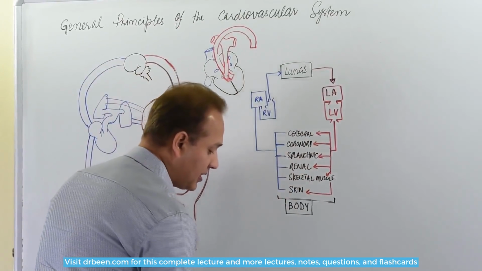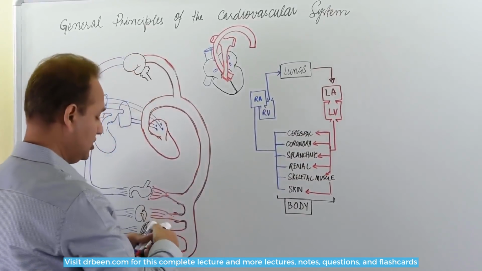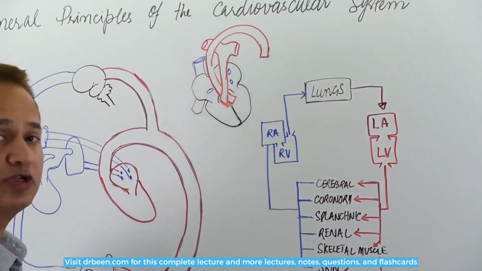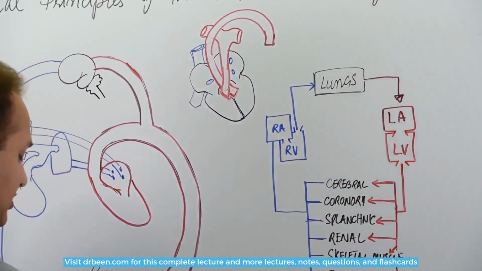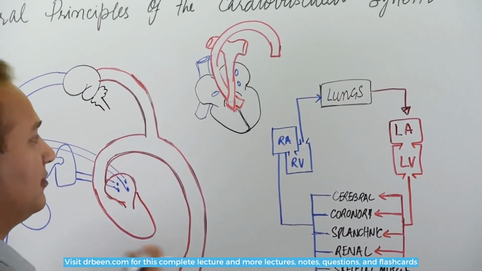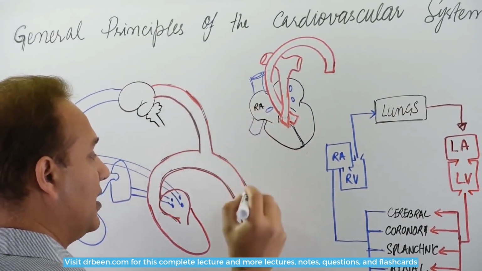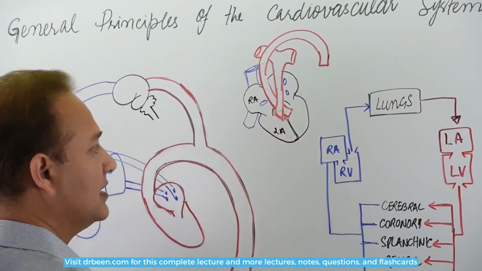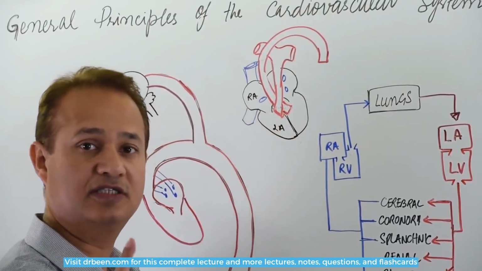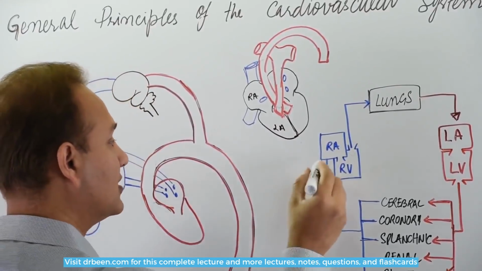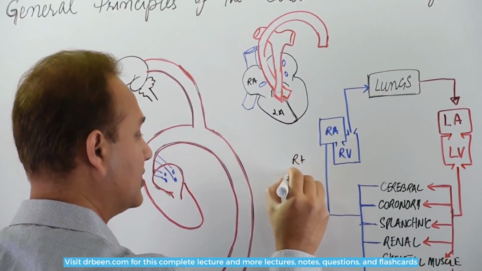So let's start from here. The heart here that is drawn, and you'll see a picture as well, has 4 chambers. Number 1, the right heart: right atrium, RA, and right ventricle. These are 2 chambers but one functional unit, also called the right heart.